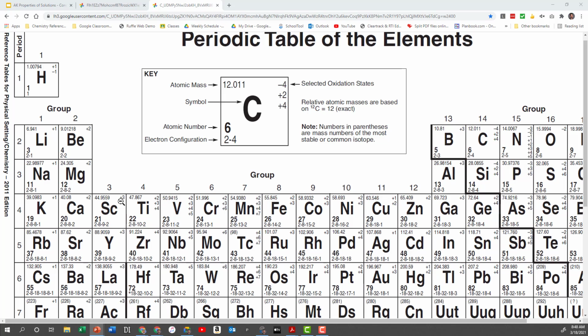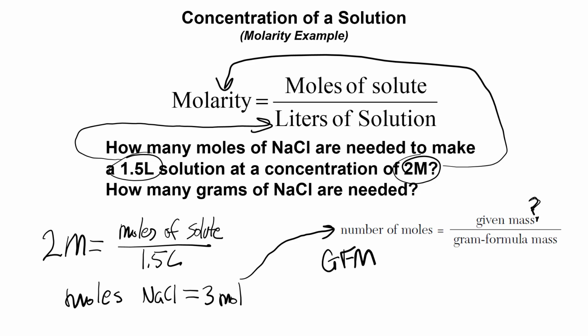Okay, so the gram formula mass is 23 grams per mole plus 35.5, which gives us 58.5 grams per mole. All right, that's what we're going to use for the gram formula mass.